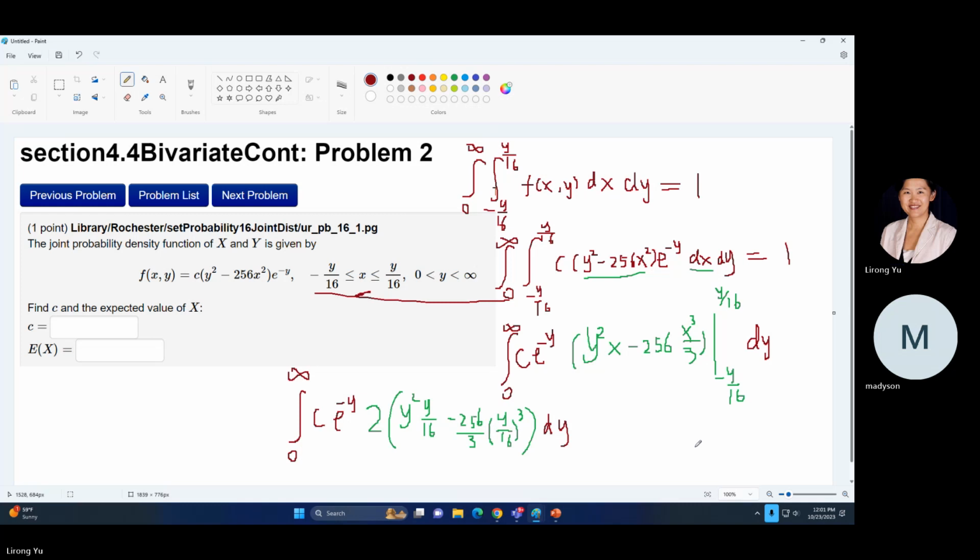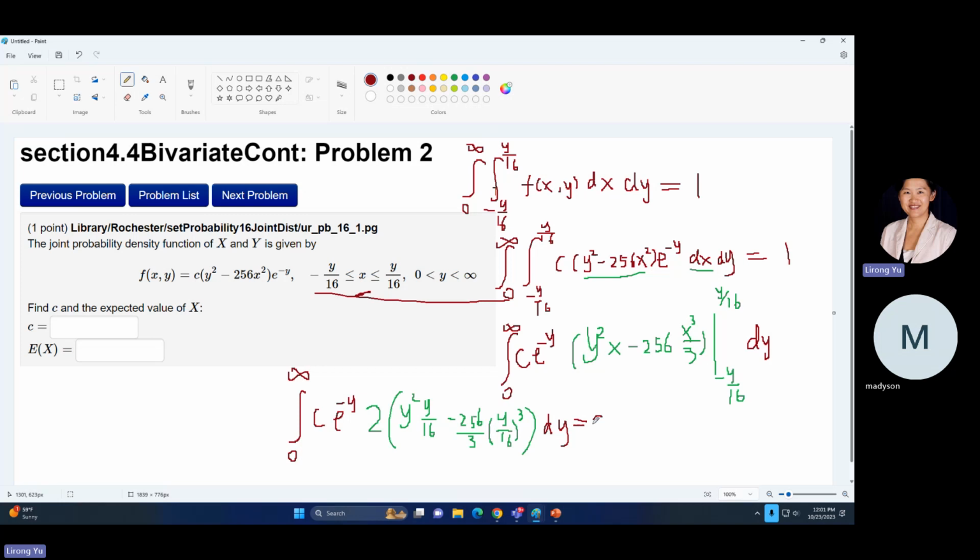What was the final number? 1 over 16 minus 16 over 3. But, right? What was the coefficient there? It's definitely a common factor, so we will factor it out like this.